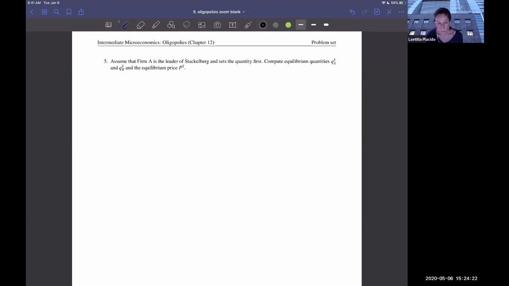Okay, so now we still have our two firms on the market and they are still competing in quantity. But now we assume that firm A is what we call the leader of Stackelberg. Basically, firm A is going to set its quantity first, and then firm B is going to observe the quantity set by firm A and react.